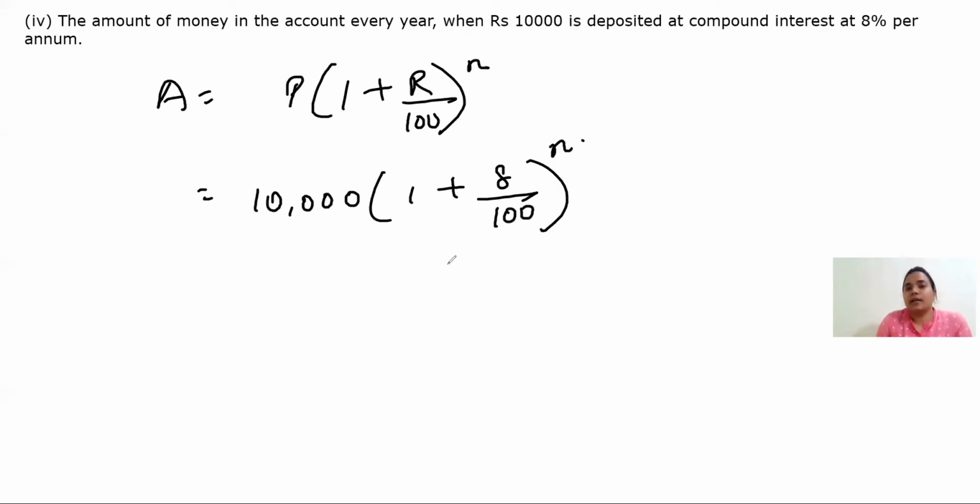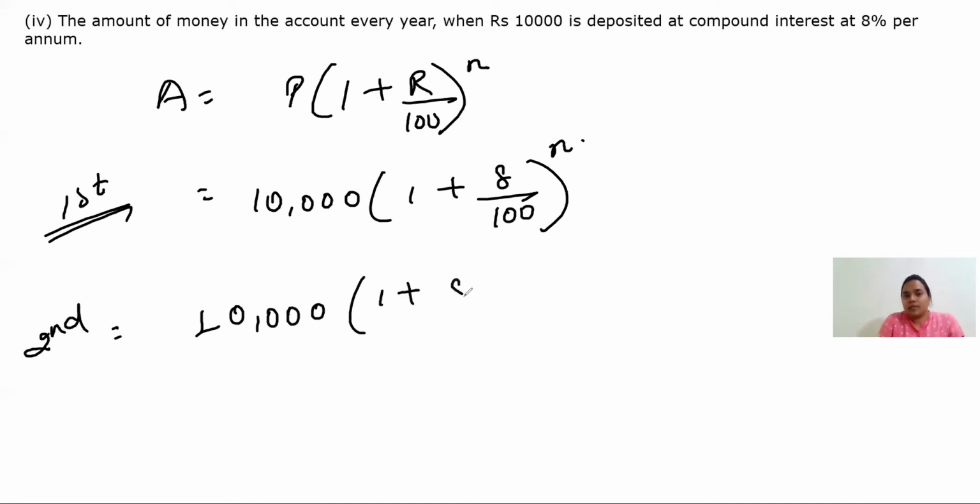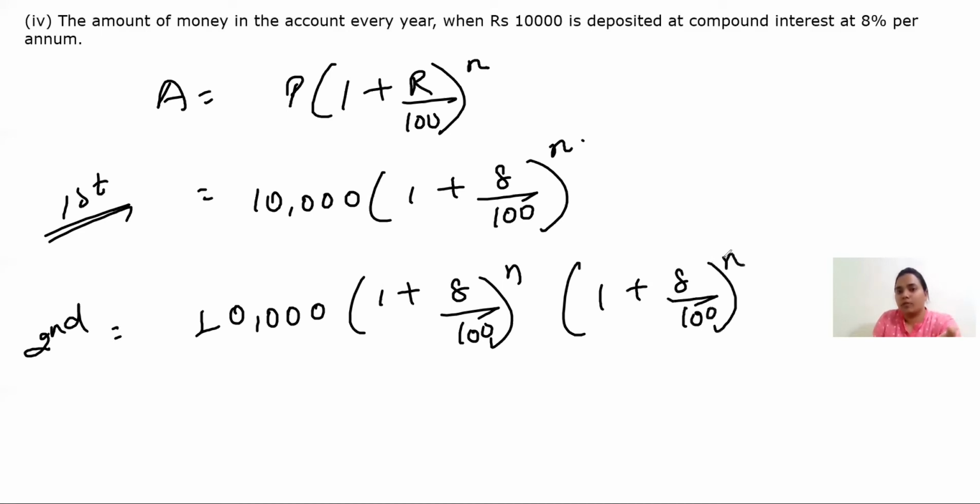For the first year, the amount will be this. For the second year, the amount will be 10,000(1 plus 8 by 100). This is our amount, so for the next year, this will be the principal, and then I'll write 1 plus 8 by 100 to the power n.